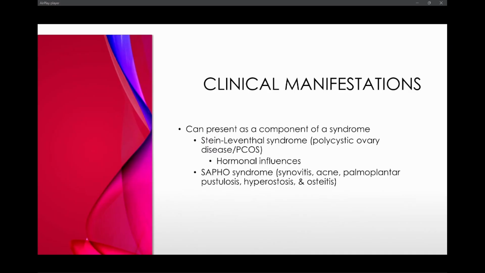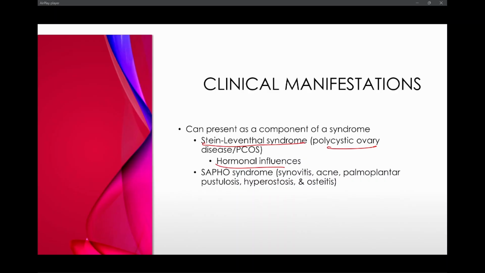Acne can also present as a manifestation of an underlying disease. One of the main ones is Stein-Leventhal syndrome, also known as PCOS. So polycystic ovarian syndrome, they will have acne as well. Main reason is hormonal influences. They're going to have a lot of high androgens. Women who have PCOS, what other side effect do they also have with it usually? Facial hair. What causes facial hair to grow?